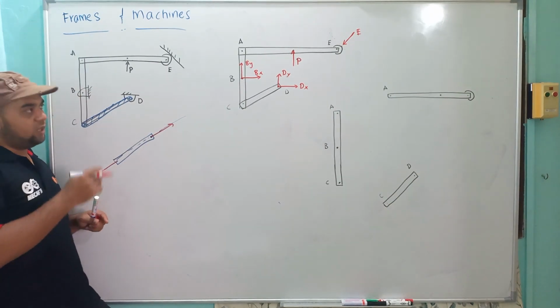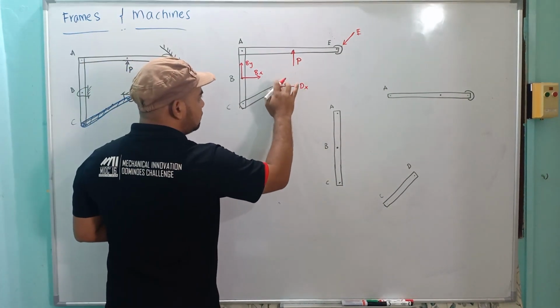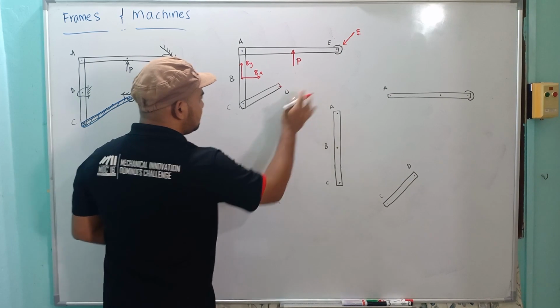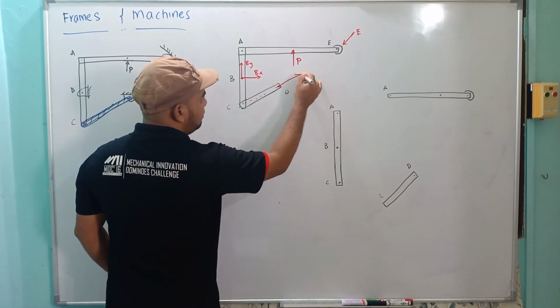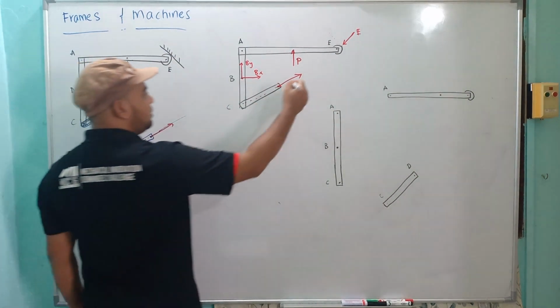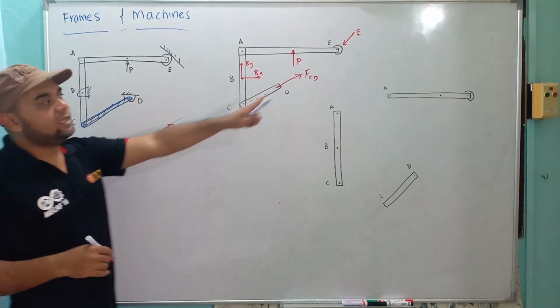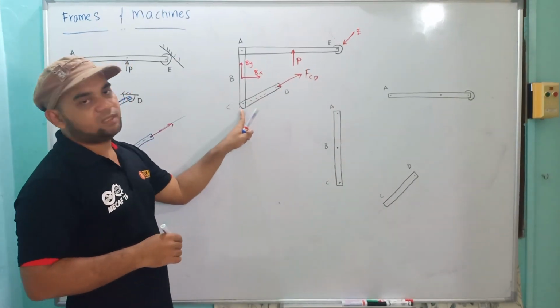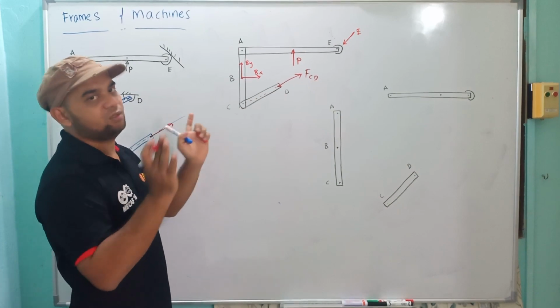So for this part we draw a two force member, a line from here, and let's say we consider it in tension, so let's call it FCD. Only there, but not here, because here we still didn't open. We still didn't detach the component, it's still intact together, so there's nothing.